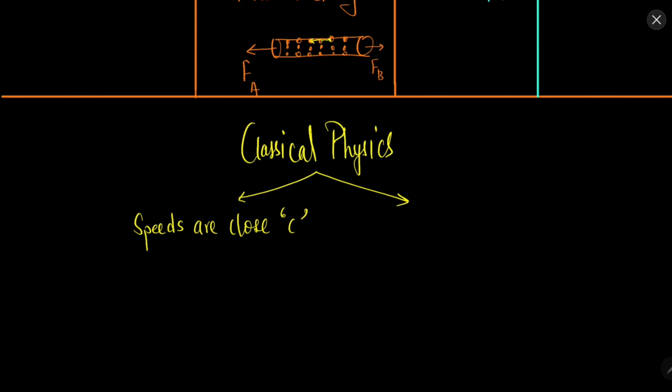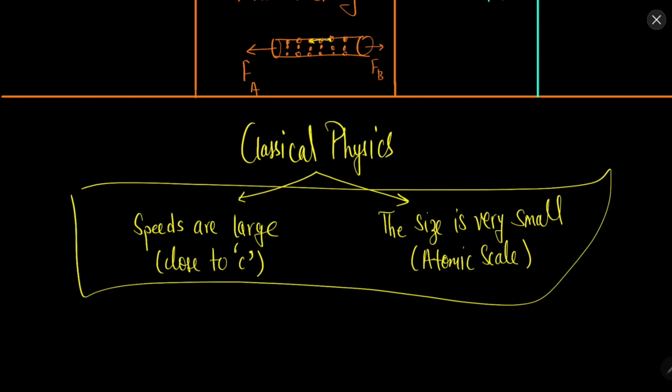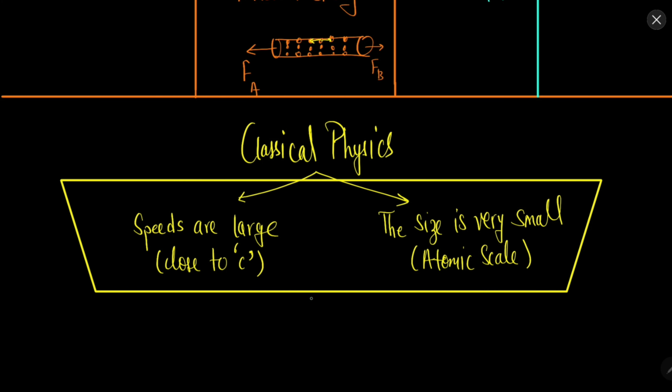or when the size is very small, that is atomic scale. So speeds are large, close to c, and sizes are very small, atomic scale. Classical physics is not applicable properly in these two scenarios.